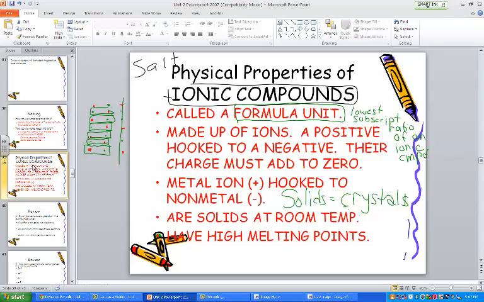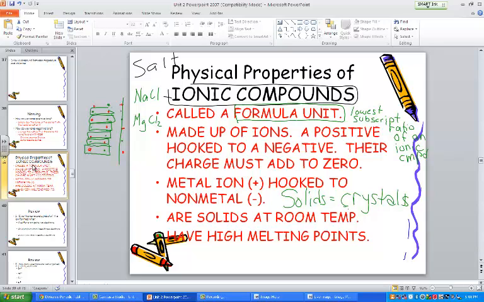When we wrote NaCl, that's a formula unit, the lowest subscript ratio possible to create a neutral compound. We drew a moment ago MgCl2, magnesium chloride, the lowest subscript ratio possible in a large repeating pattern known as a crystal. A formula unit is the basic building block of a larger crystal array in these properties of salts.